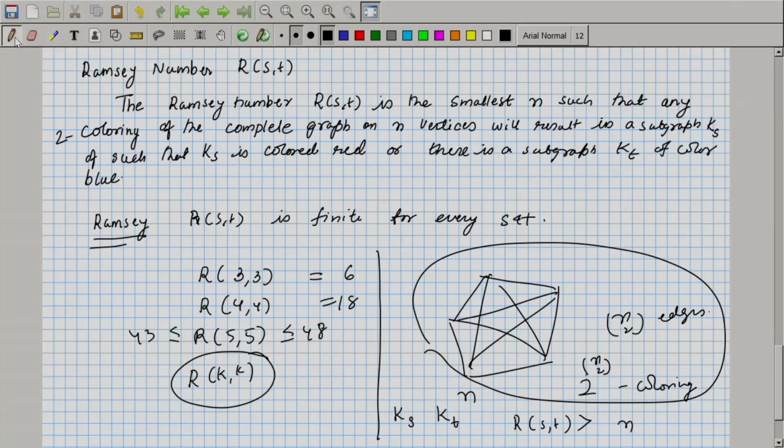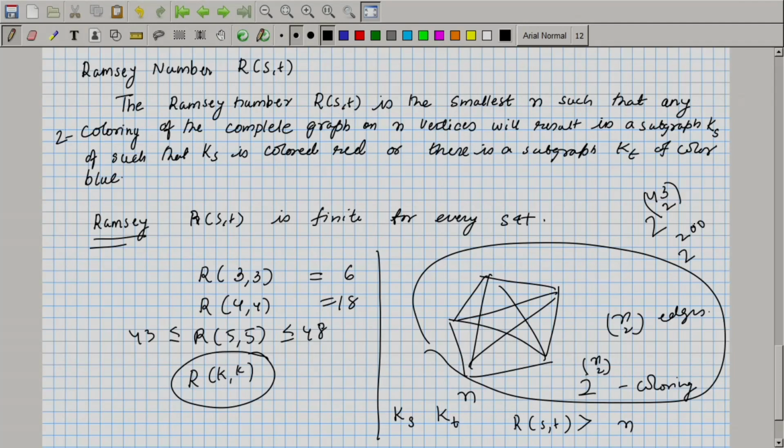If we were to check whether R(5,5) is greater than 43, we could take the graph on 43 vertices and try all possible colorings. That gives us 2 raised to 43 choose 2 colorings, which is at least 2 to the power 200 different colorings.